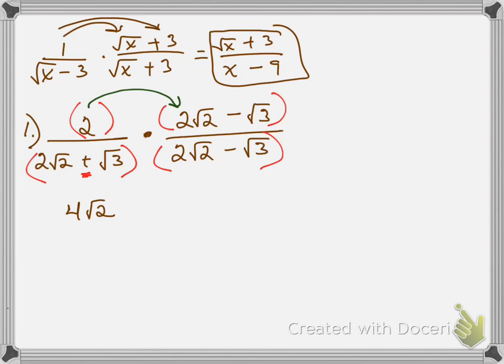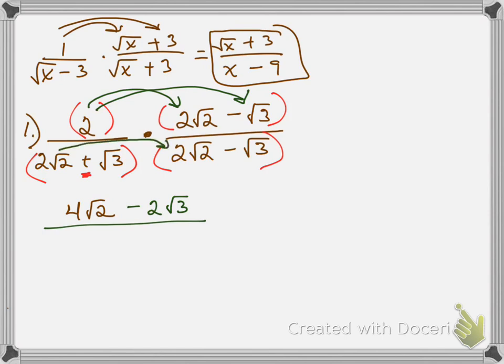And then 2 times the square root of 3 gives us minus 2 square root of 3, over, we do our full method.